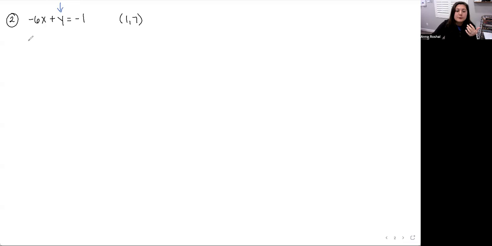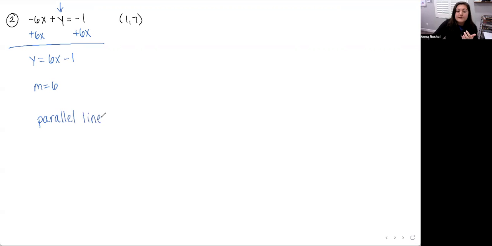We're going to get y on its own. So in order to do that, I'm going to have to add 6x to both sides. Now, remember, I can't add 6x to -1, so I'm just going to leave it as is. And now I can determine that my slope is 6. So for my parallel line, I'm going to have a slope of 6.